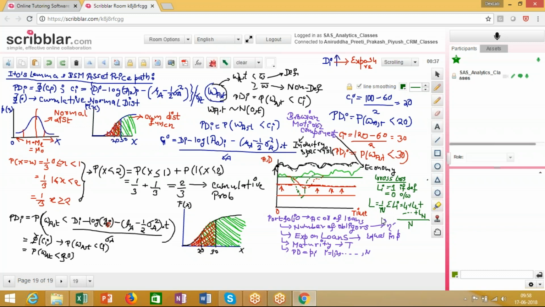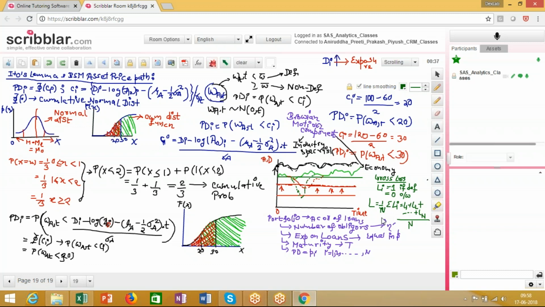Having discussed these two parts, the next part is the gross loss. So I have defined the portfolio for each of the i obligors.